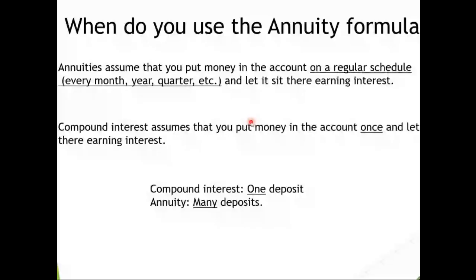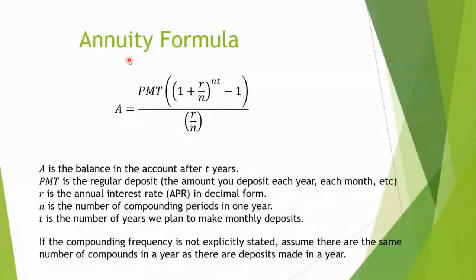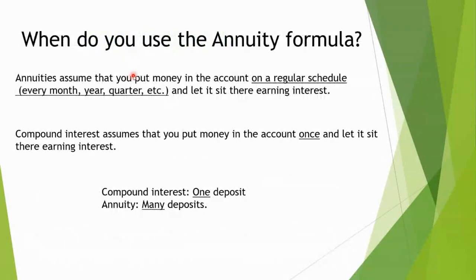Okay. Now, this is what they call the annuity formula, okay? And how do you know when to use it? The reason I have the slide here is because in the chapter, there are going to be other formulas for different situations. And essentially, you're going to use this formula when there are many deposits.